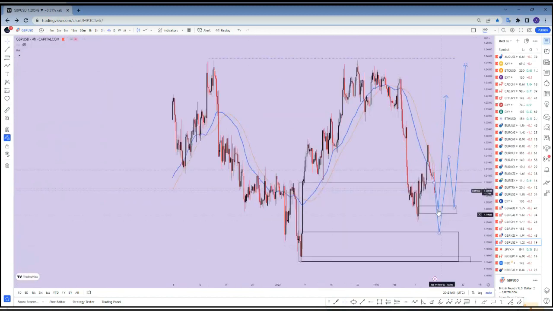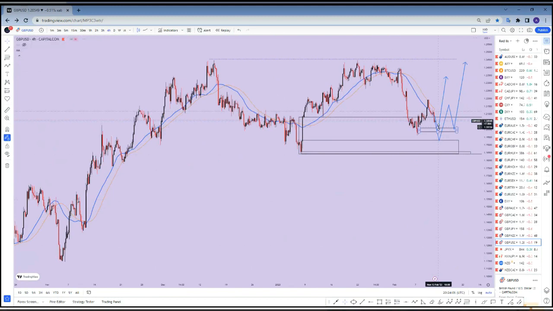So this is the first area that I want to be interested in, and I'm hoping to see a reaction there. And then this is the second zone that I would personally be watching out for this week, because if you look at it, this is the 4 hour time frame.